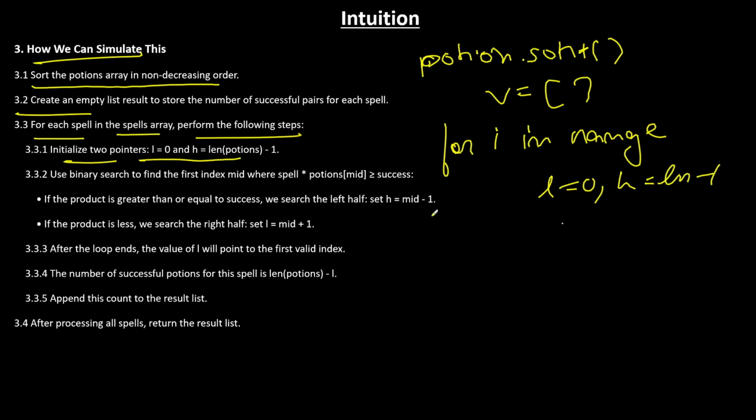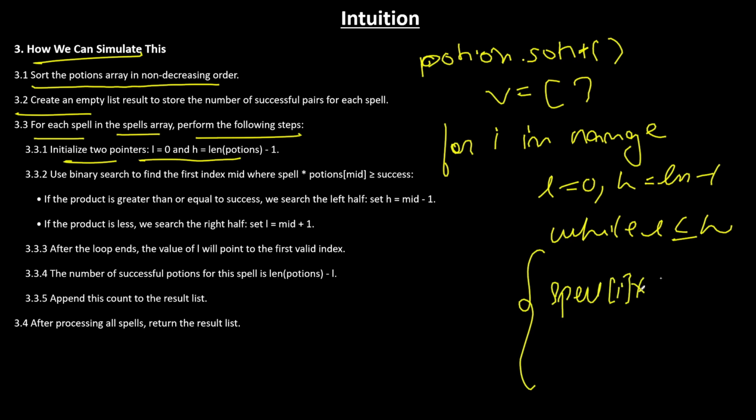And then we will do the binary search. I hope you understood how binary search works and how binary search code is written. So we'll just write the template of the binary search code here, and in that template, we'll do one thing: spell of i multiplied by portion of mid.